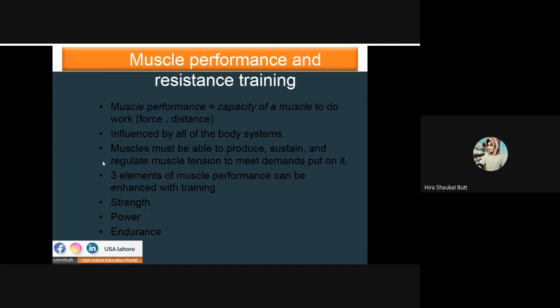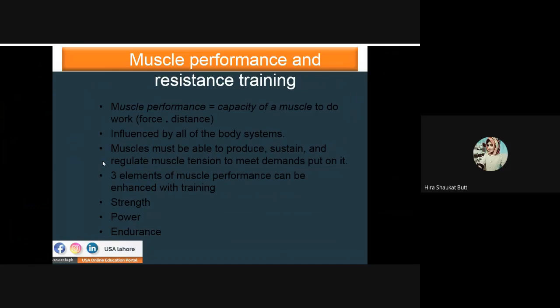In the case of muscle performance, it is the capability of a muscle, a contractile tissue, to do work, to do its action. And the muscle's action is always about how it is contracting and how it is relaxing. So the capacity of a muscle to do work is muscle performance.